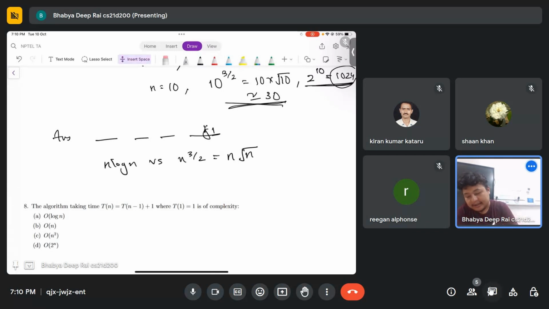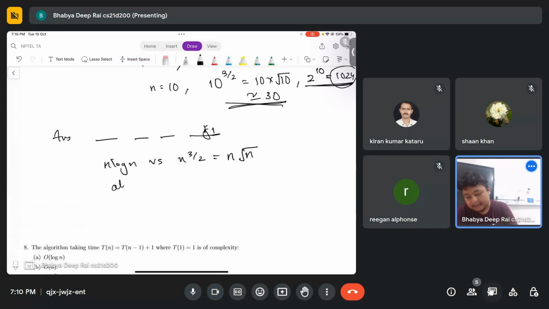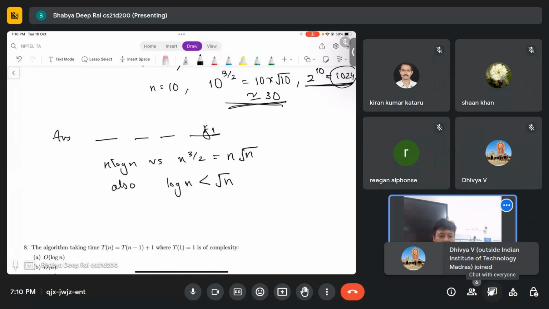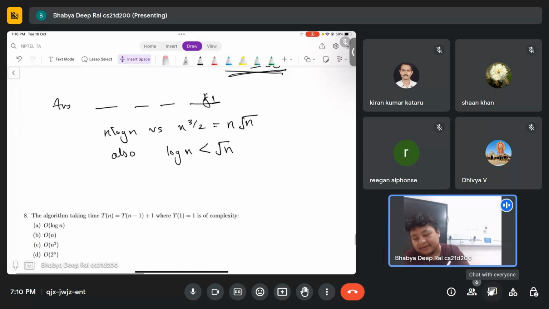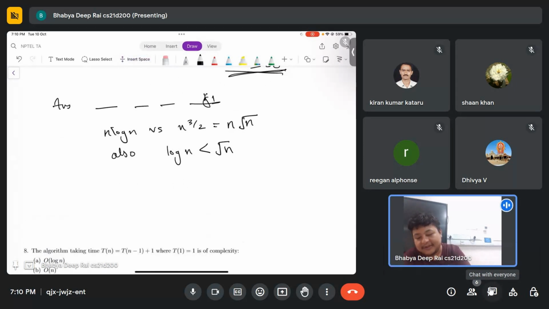And obviously log n grows slower than root n. Formally proving it is one thing, but you can always try to use large numbers to represent it.